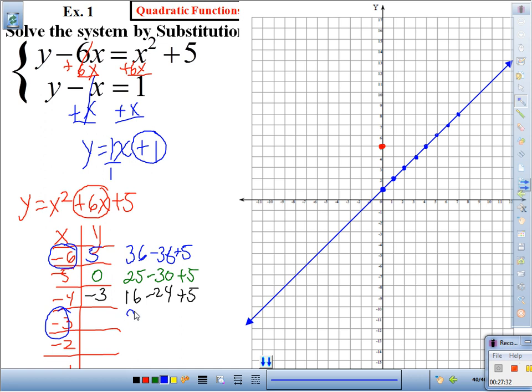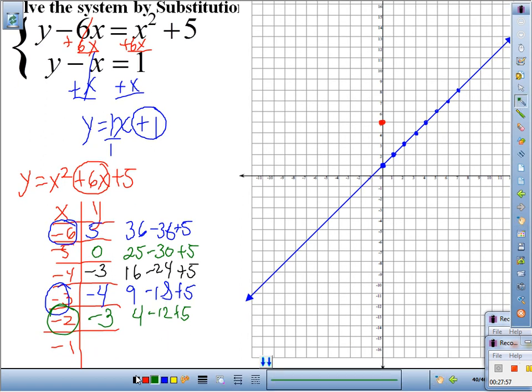-3. What is -3 squared? 9. -3 times 6, -18, plus 5. 9 plus 5, 14, minus 18, that's -4. Next value, -2. What is -2 squared? 4. -2 times 6, -12, plus 5. 9 minus 12, -3.